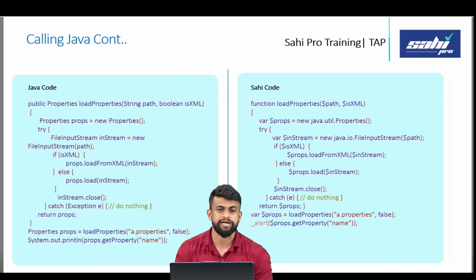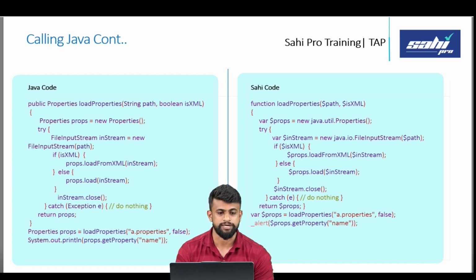It is present inside java.util. That you should mention. And you should collect it. I've collected in Java also. In Sahi also I've collected it. But if you look at my Java code, you have told what type that props is. But if you look at my Sahi code, you haven't told what type it is. In my Sahi, we don't have any type for a variable.